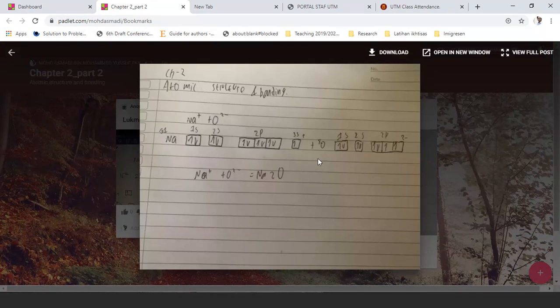And then we have another one: 1s, 2s, 2p, 3s1. Yes, good. So 3s1, it should be 2Na, isn't it? So you should write here 2Na. Or you can make it like this, or make another one for Na.